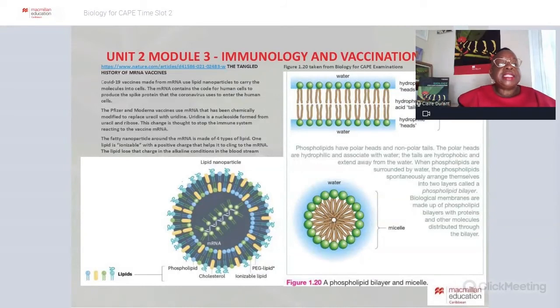When the vaccine is injected into you, it has the messenger RNA on the inside, protected by the phospholipid bilayer, and that messenger RNA is taken up by your ribosomes, and then the coronavirus spike protein is created.